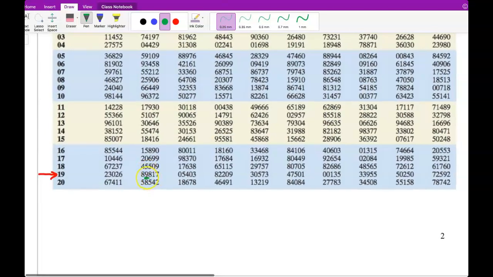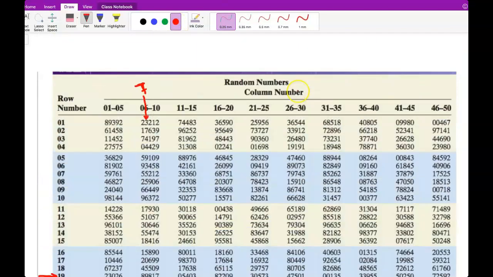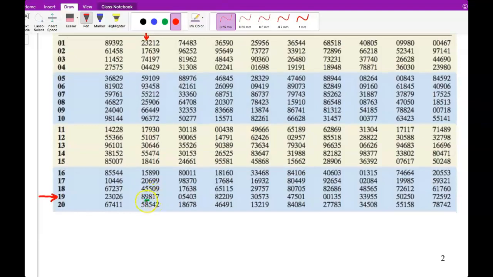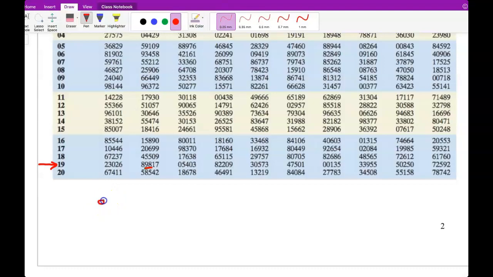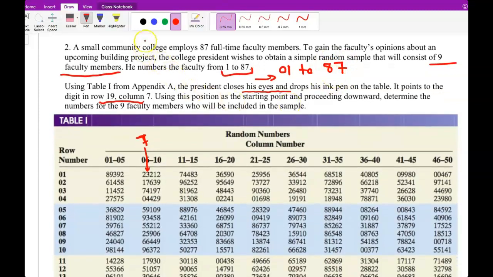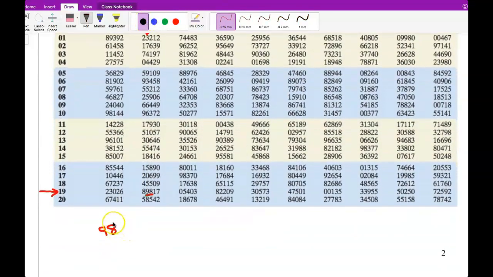So starting here, as I said, I should choose 2-digit numbers. So this is actually 98. The first one we have is 98, and that is greater than 87, so I'm not able to accept that one.